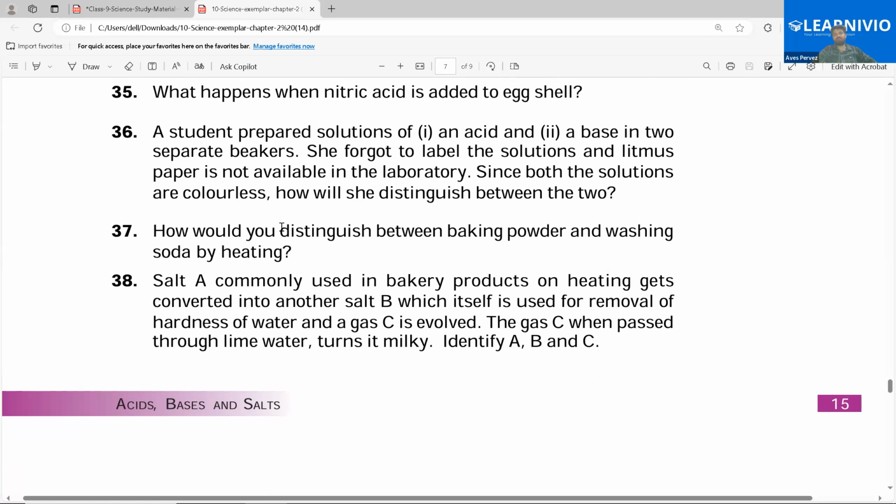So write down question number 37 and try to write it fast. Try to write it in your own words.